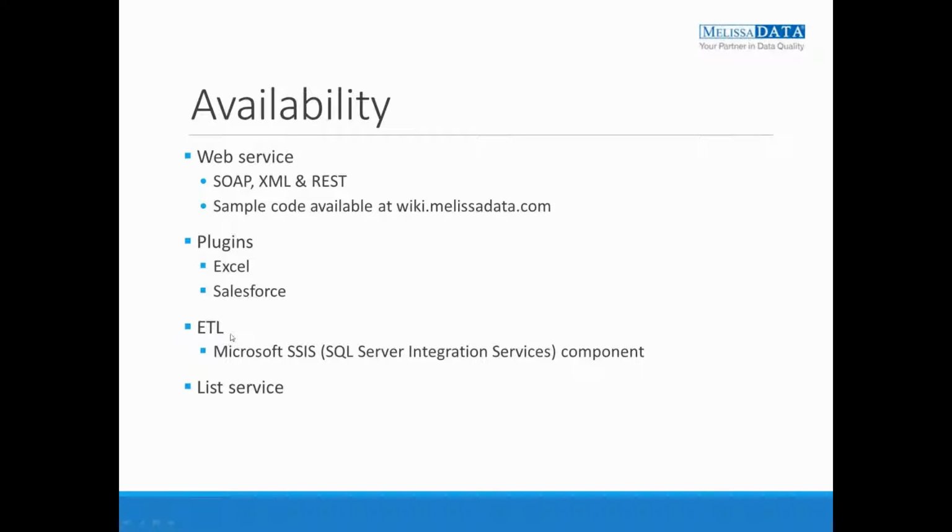And for the ETL and business intelligence folks out there, we provide an SSIS component, so you can put that component into your data flow. Those users probably have a database of addresses that they want to run through. So you can take those addresses, validate them, and then run them through our property component in SSIS and get the property information back.